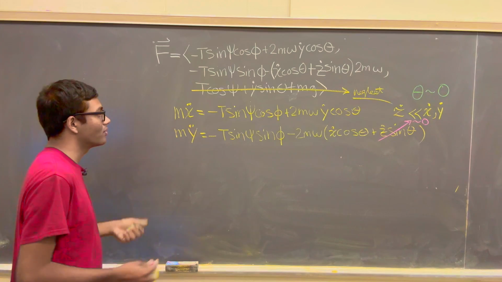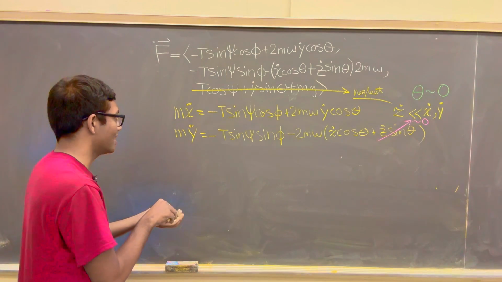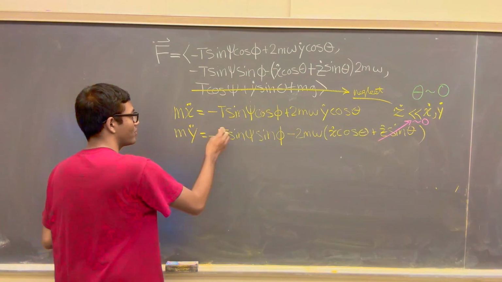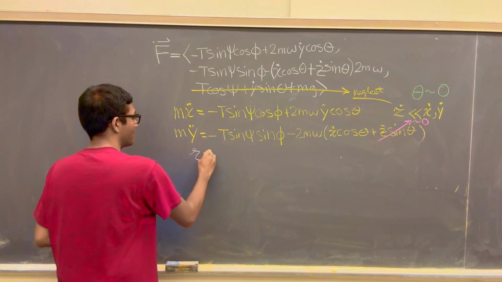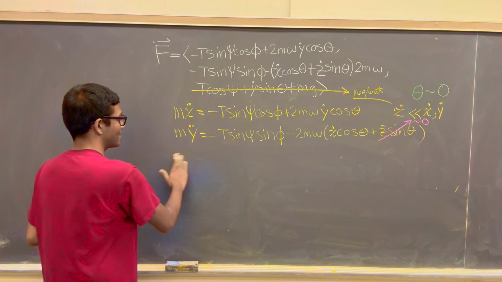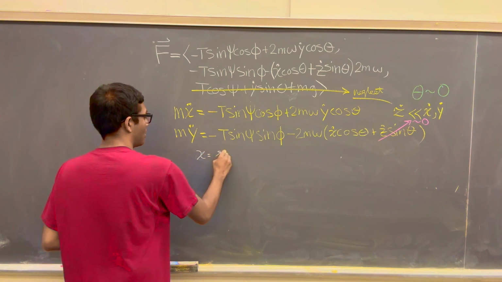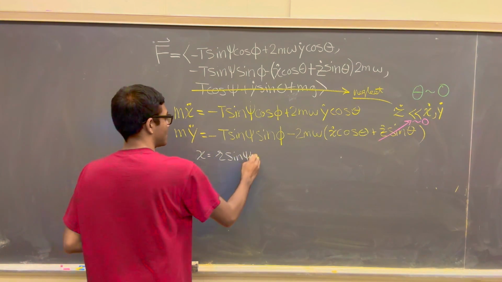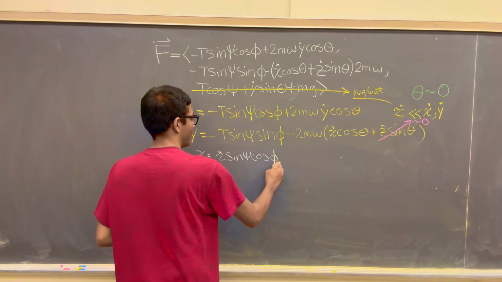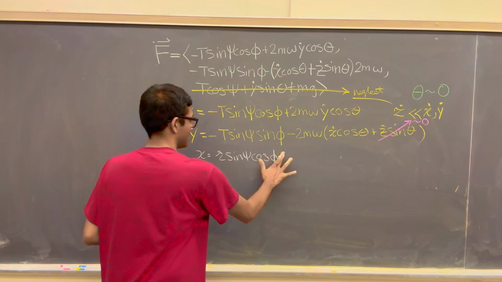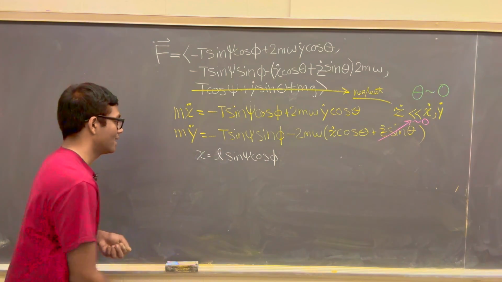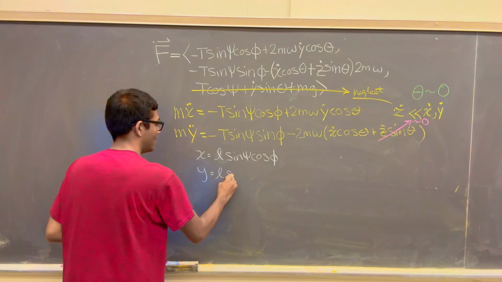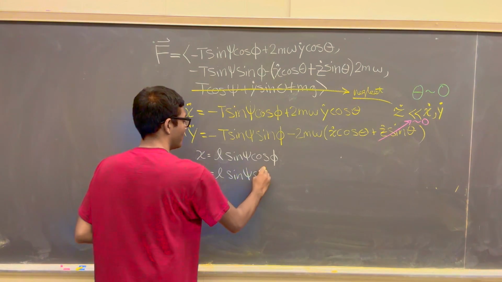And so now we can start talking about something else. Remember that in spherical coordinates, x is equal to L sine psi cosine phi, where L is the length of the pendulum, and likewise y is equal to L sine psi sine phi.